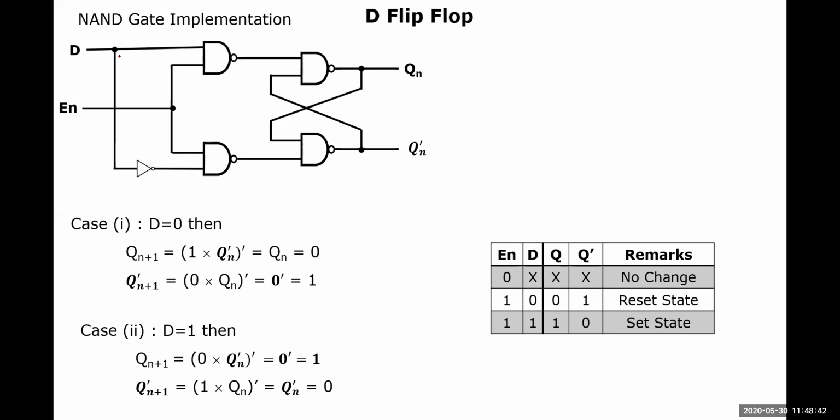Therefore the 00 and 11 combinations are eliminated. Your combinations will be only 10 or 01. Because of these combinations, the forbidden state is eliminated.